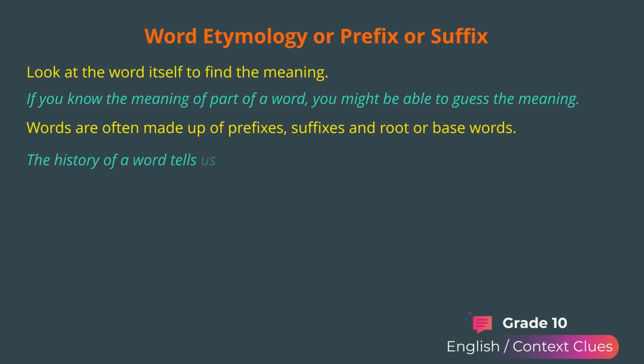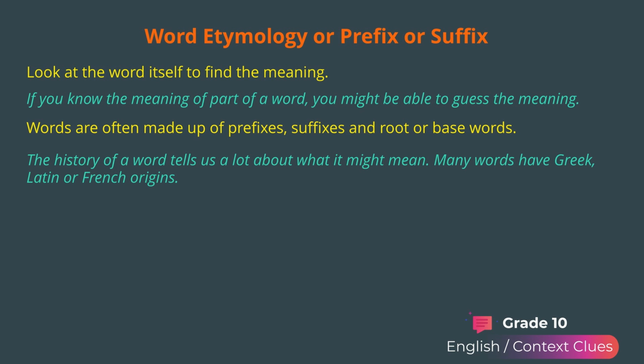The history of a word tells us a lot about what it might mean. Many words have Greek, Latin, or French origins. Example: the story is incredible. The root cred means to believe, and the prefix in means not. Therefore, if the story is incredible, it is unbelievable.